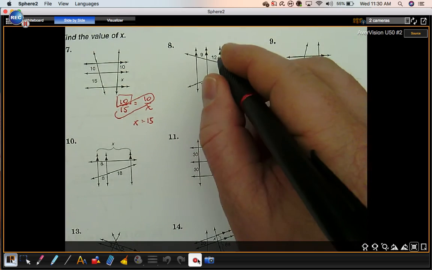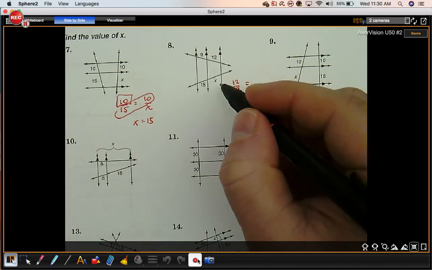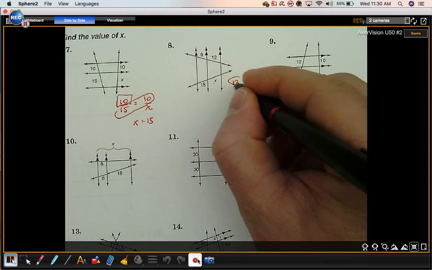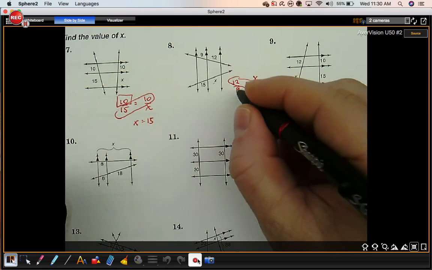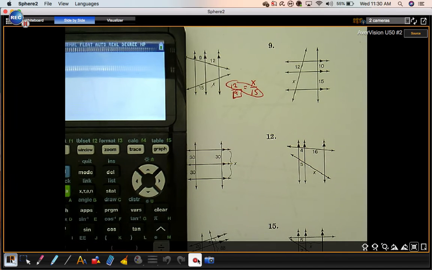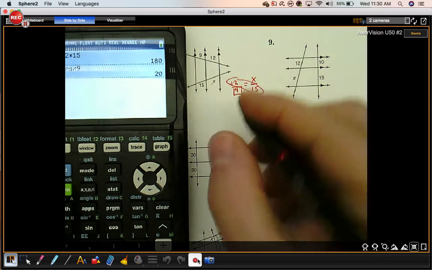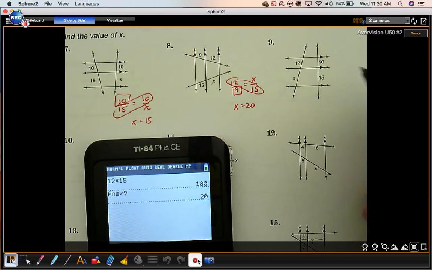Number 8, we'll compare 12 to 9. We know that's going to be the same thing as x to 15. And we're going to cross multiply. We're going to take 12 times 15 and divide by 9. Number 9, we'll do 10 to 15 and set it equal to 12 to x.